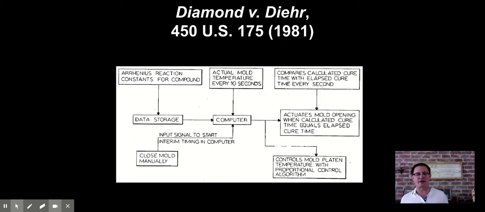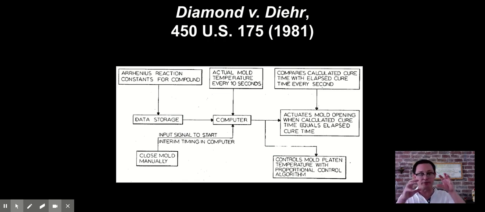Okay, then in Diamond v. Diehr, the patent was over a mathematical formula, which wouldn't normally be patentable subject matter. But that particular mathematical formula was applied in a particular context: a new method of curing rubber.